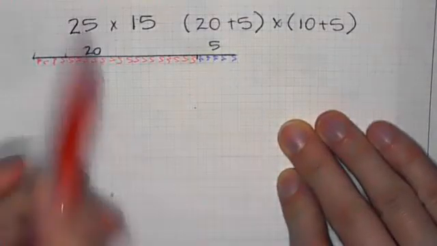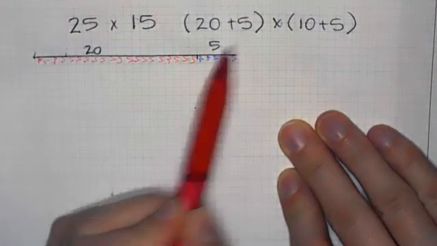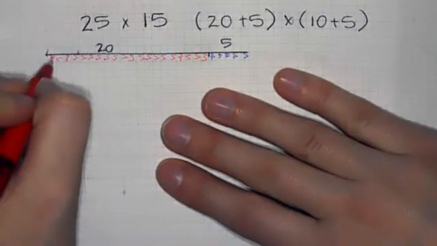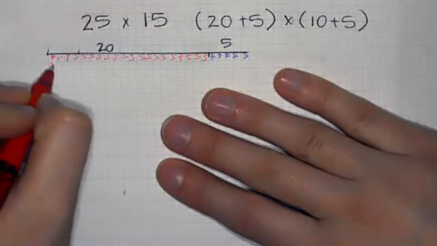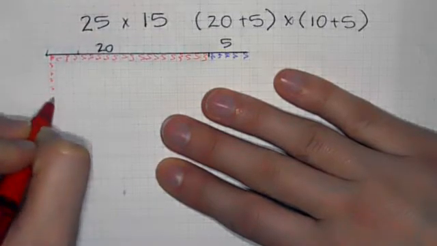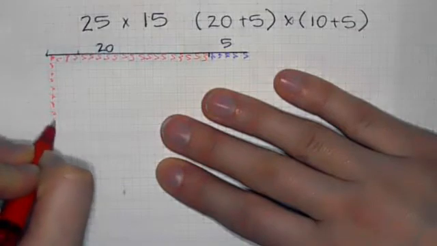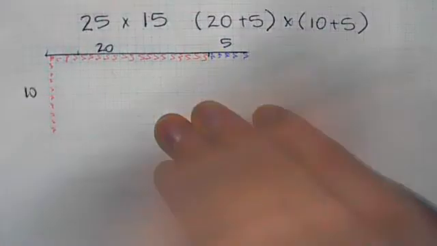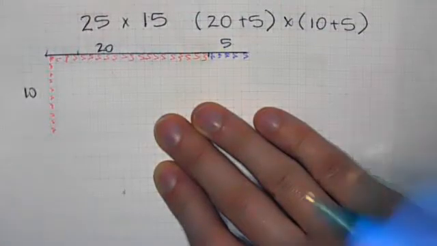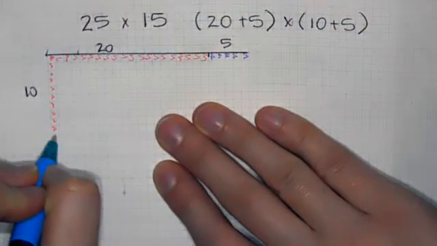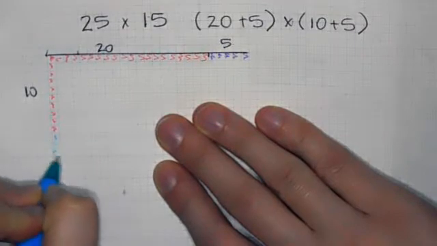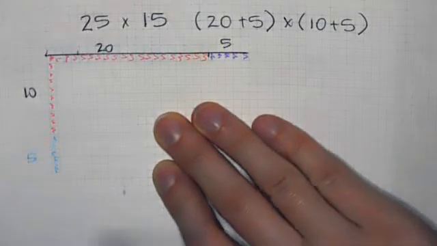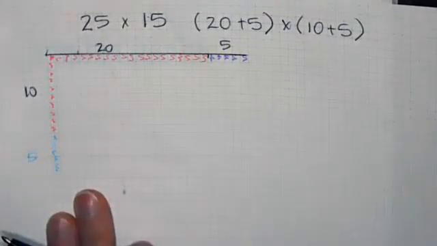Now I have 25 times 15, so I have to go down 10. I have the 1 existing right here, 2, 3, 4, 5, 6, 7, 8, 9, and 10. I'm going to label that and then do my additional 5 because I had 15. So 1, 2, 3, 4, 5. Label that 5. And I'm going to start outlining my area model.